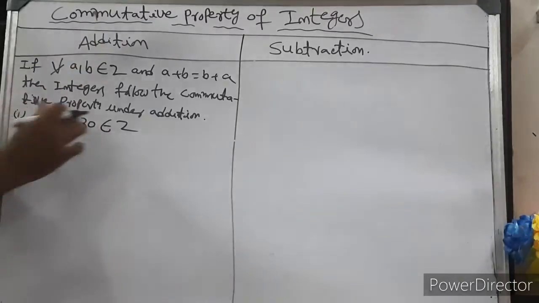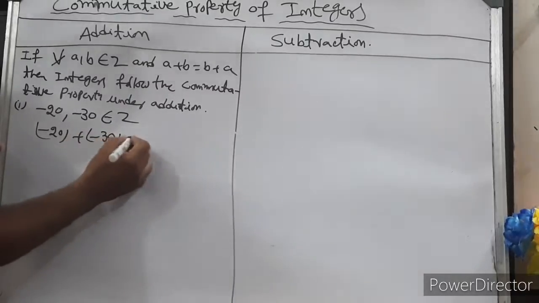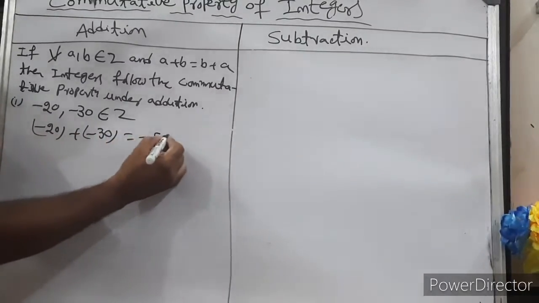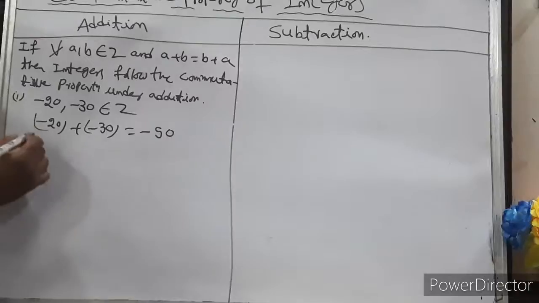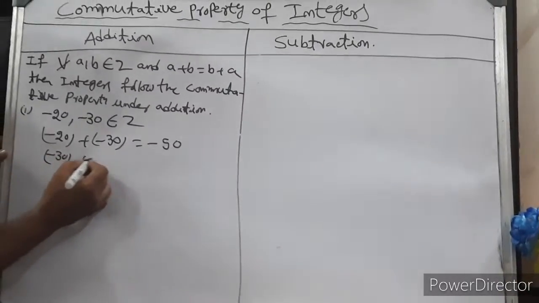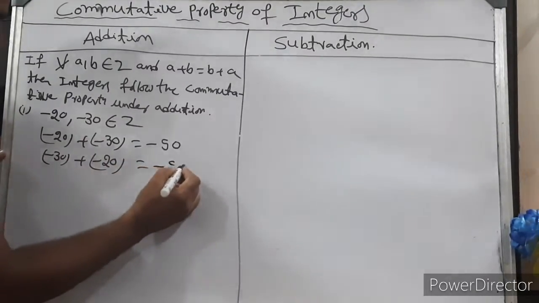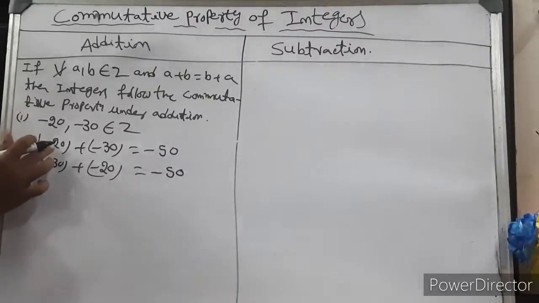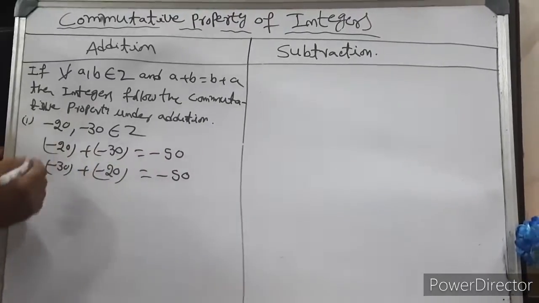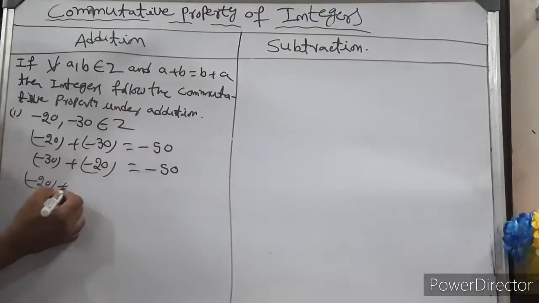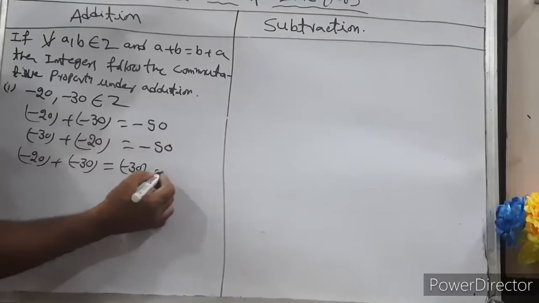Then a plus b means minus 20 plus minus 30, which is equal to minus 50. Now b plus a means minus 30 plus minus 20, which is also minus 50. That means a plus b is minus 50 and b plus a is also minus 50. Then minus 20 plus minus 30 is equal to minus 30 plus minus 20.